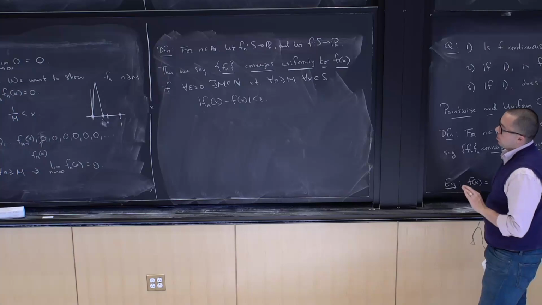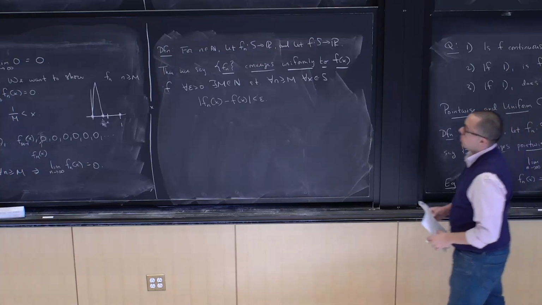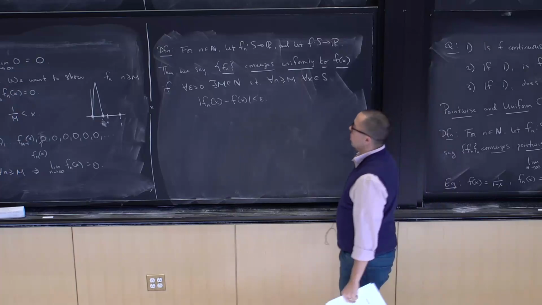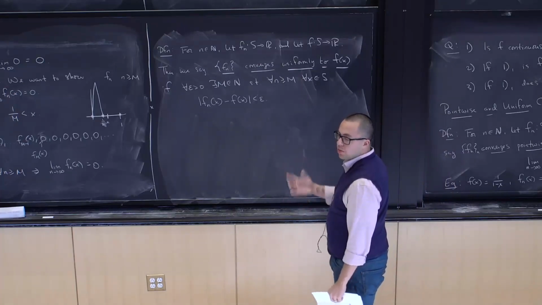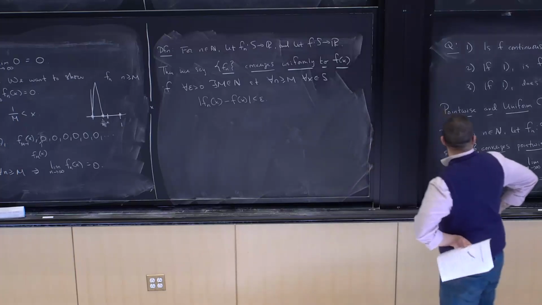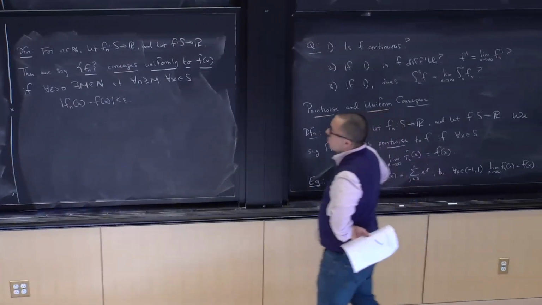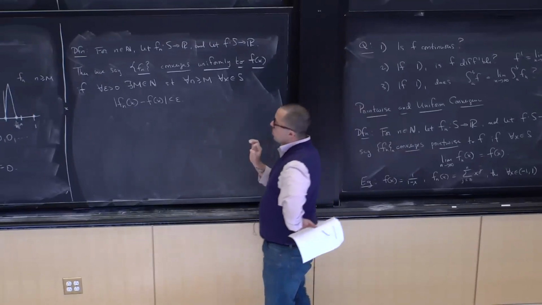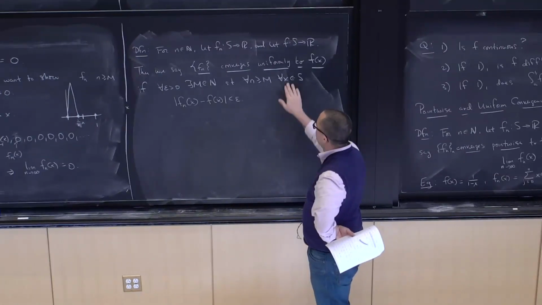Now, I want to make a brief comment. This looks suspiciously like pointwise convergence if you just wrote down what it means for the limit as n goes to infinity of fn of x to equal f of x, except there's a very subtle and important point: where does the for all x in S appear?